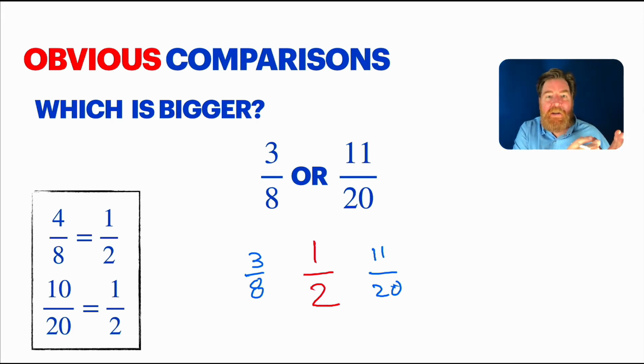And then 11/20ths is more than 1/2. So just between 3/8 and 11/20ths, look who's bigger. The one on the right, when we put them on the number line or we order them, is the bigger fraction. Is that making sense? So sort of figuring out where each one lives relative to 1/2, or which one's bigger, one smaller, we're good to go. Guys, 11/20ths is the bigger.